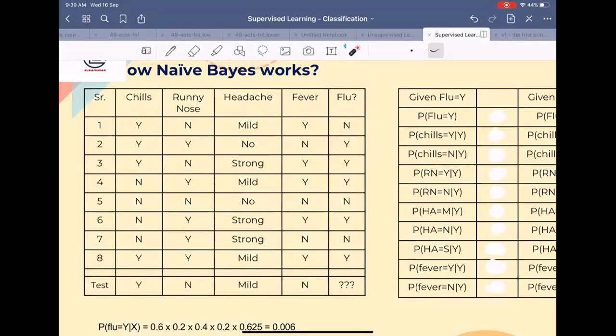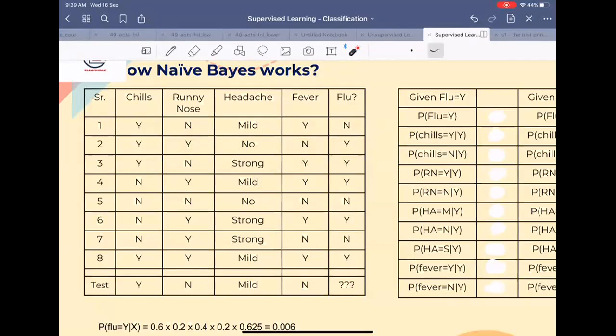Next data point: someone has chills, they are feeling very cold, they have a runny nose, they do not have a headache, they do not have a fever, then we say they have flu.